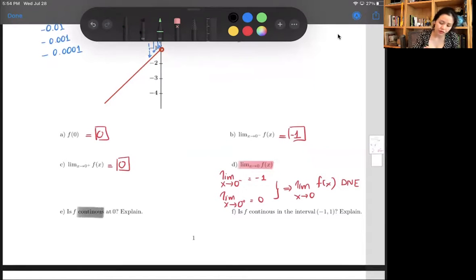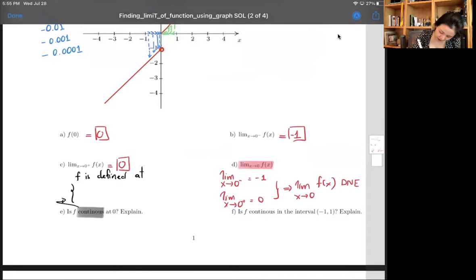Let me remind you, a function is continuous if two things hold. First, the function f has to be defined at a point a; in this case, the point is 0.